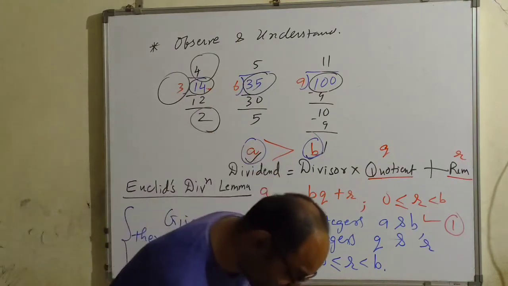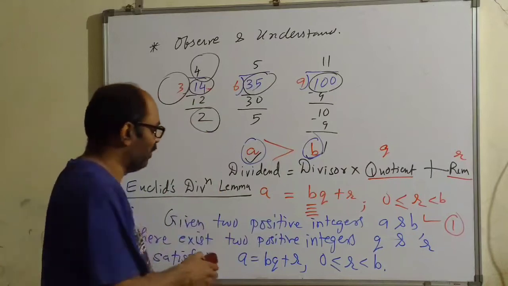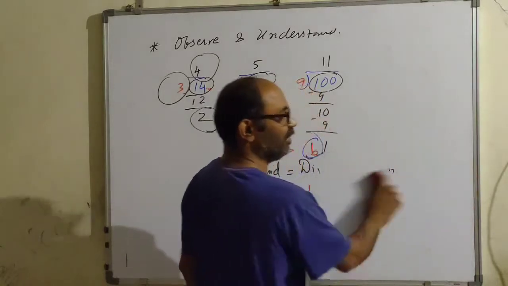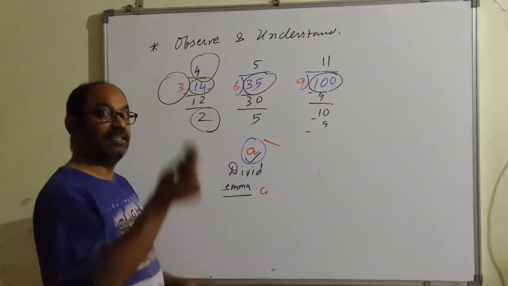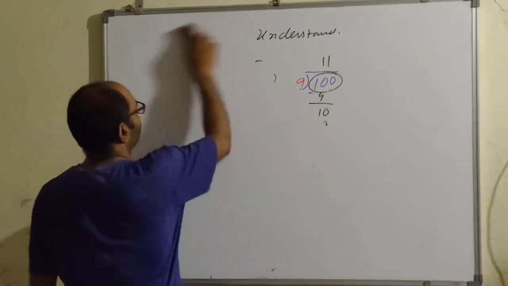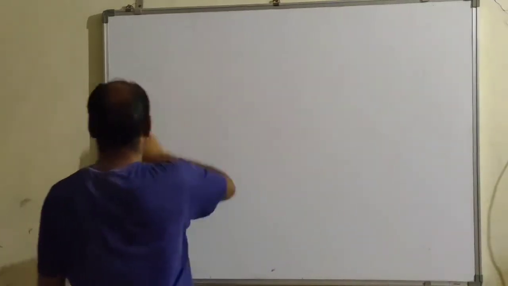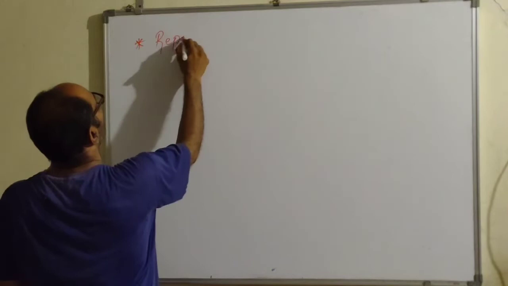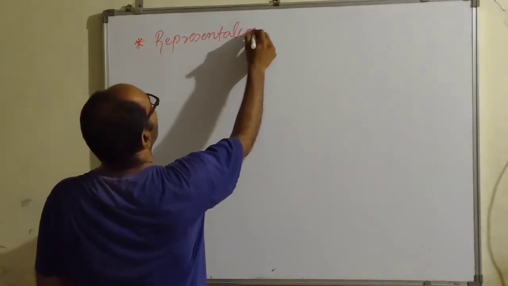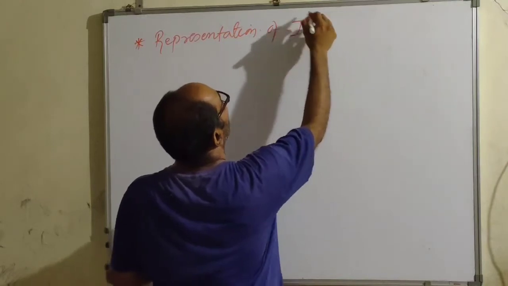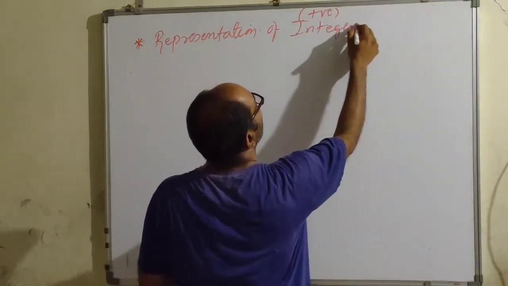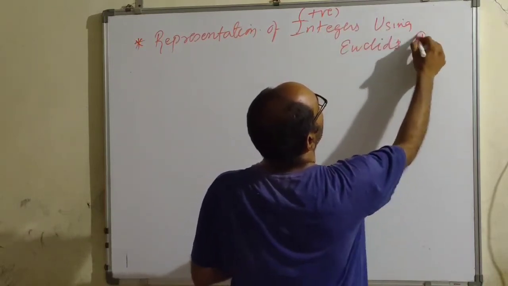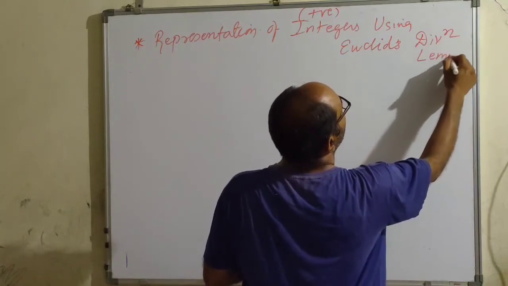Okay, fine. Now, today's last concept is representation of positive integers using Euclid's division lemma.